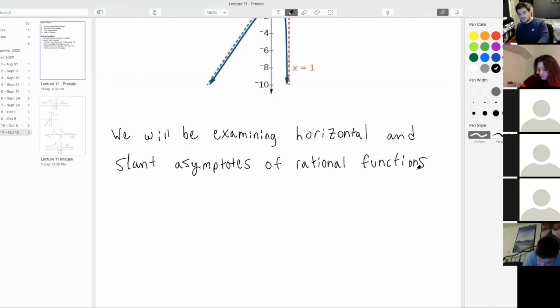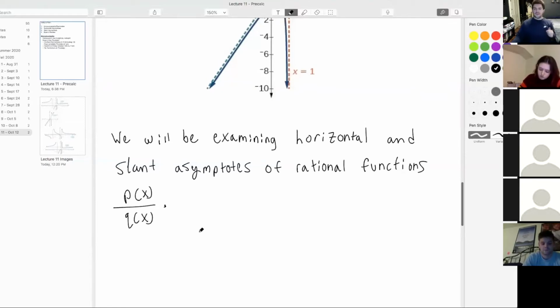Rational functions, so P of x divided by Q of x. Just recall the definition of a rational function. It's a polynomial divided by a polynomial. So both P and Q here are polynomials.